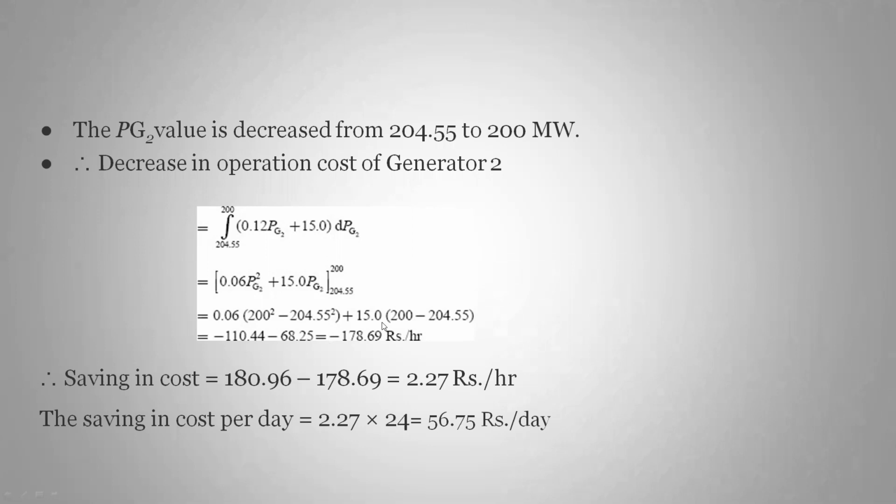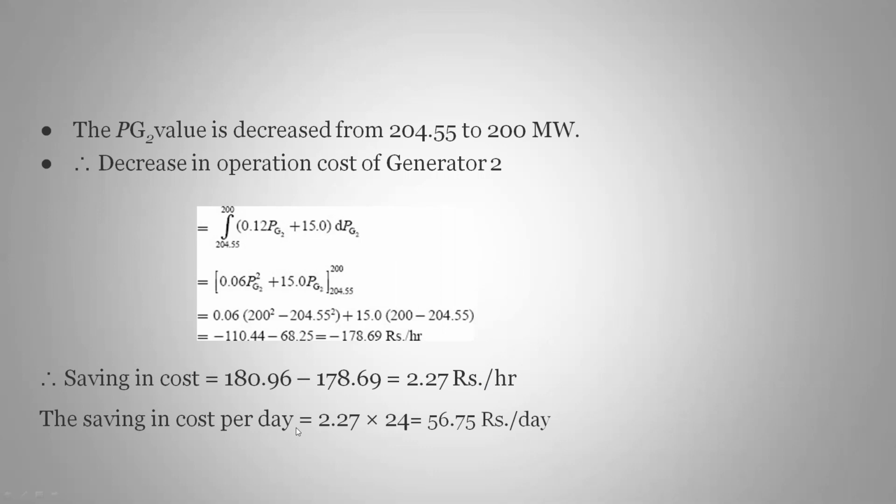So 200, 204.55, you are calculating, minus 178.69 rupees per hour. So what is the first power generation cost? 180.96. What is the second power generation cost? Minus 178.69 rupees per hour. What is the value? 2.27 rupees per hour. The saving in cost per day.